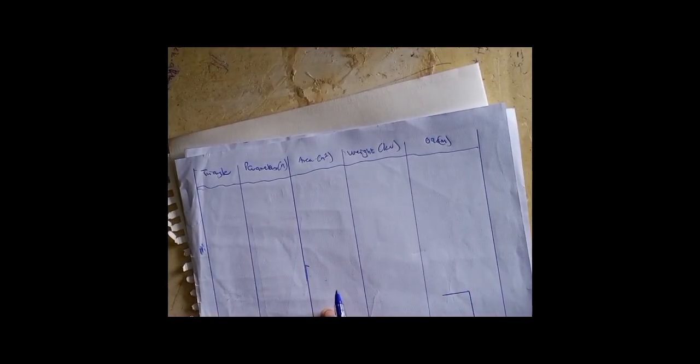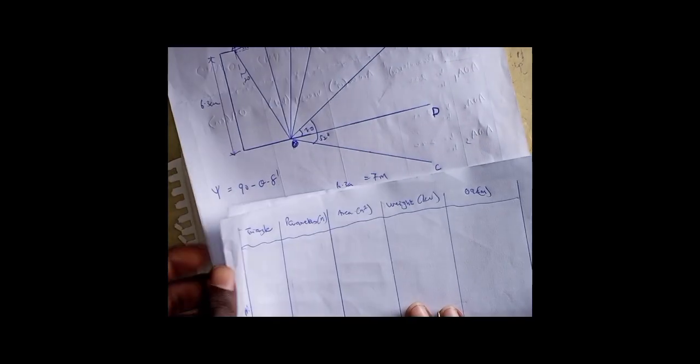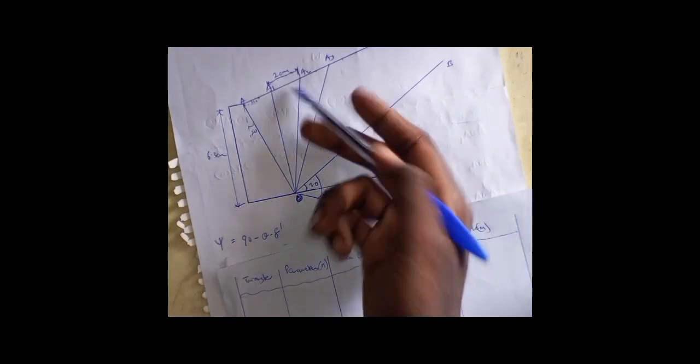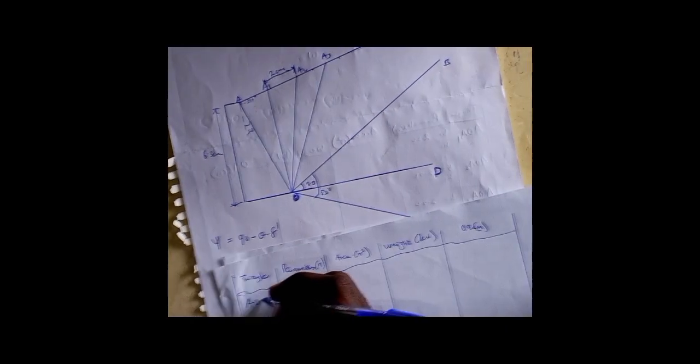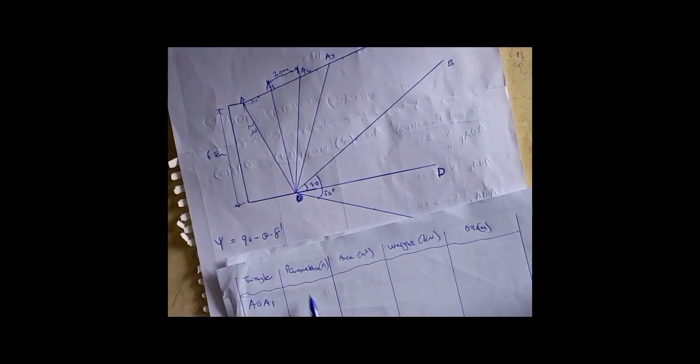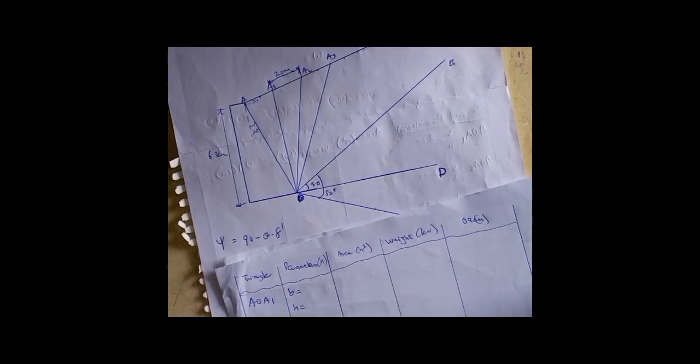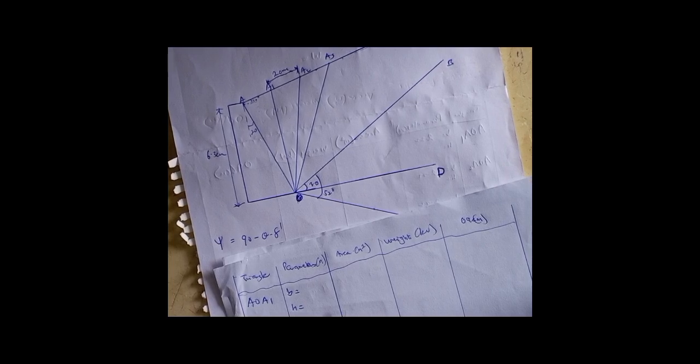Right. So now, the first triangle I have over here is AOA1. Then you find the parameters for A. Since it's a triangle, you'll be having a breadth and a height.